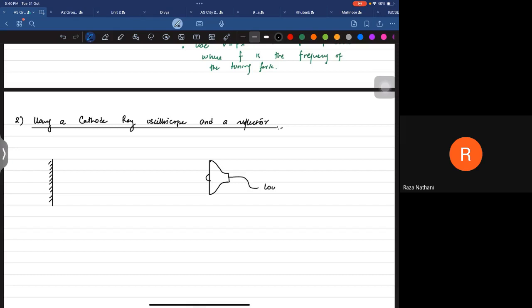This is a loud speaker, connected to a signal generator of known frequency.